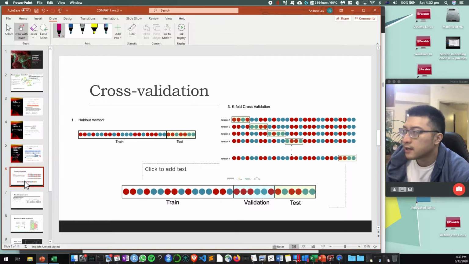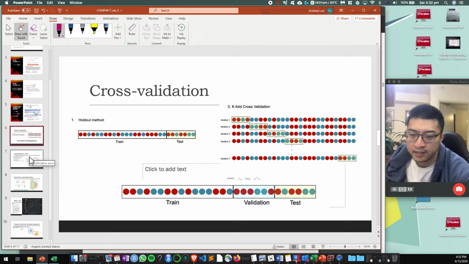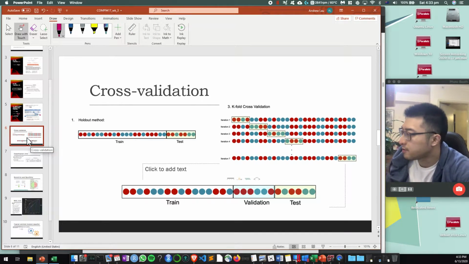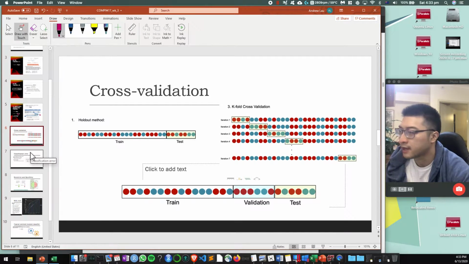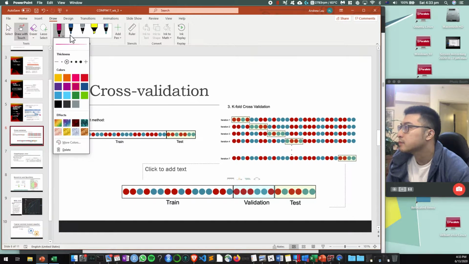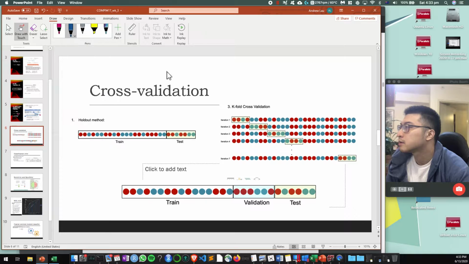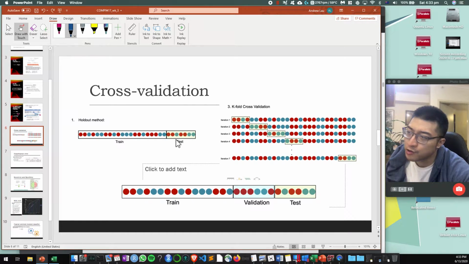Okay. Next, let's move along to cross-validation. I touched upon this last week, but I'll go over it again quickly here. You might recall there were several different ways to go about splitting your training and test data.